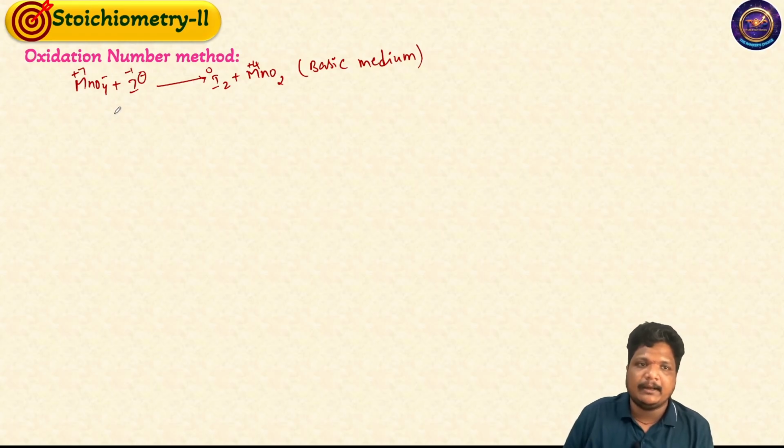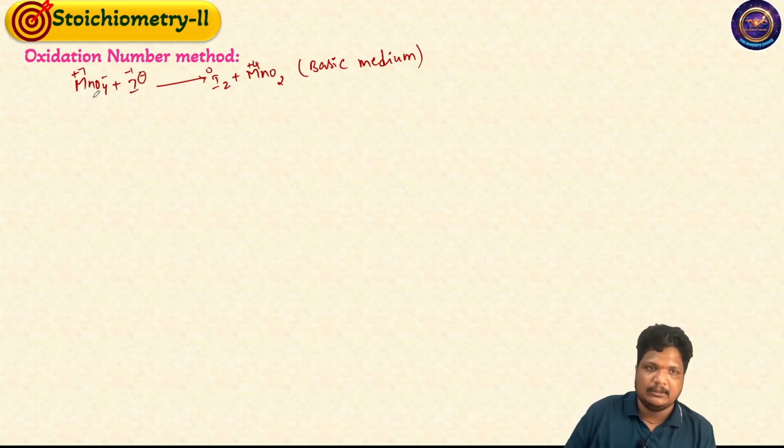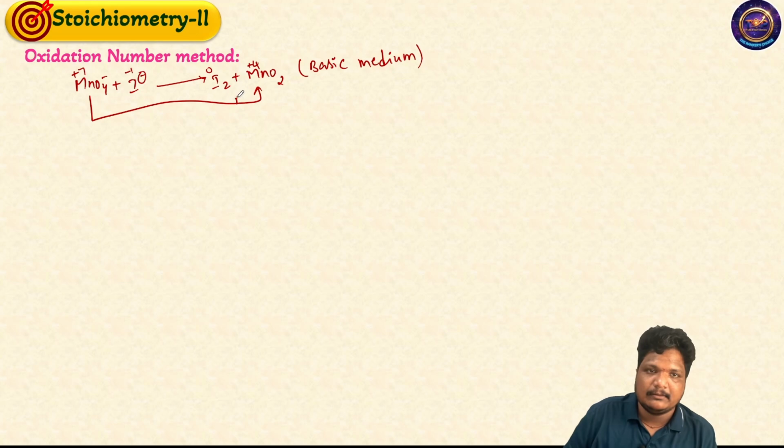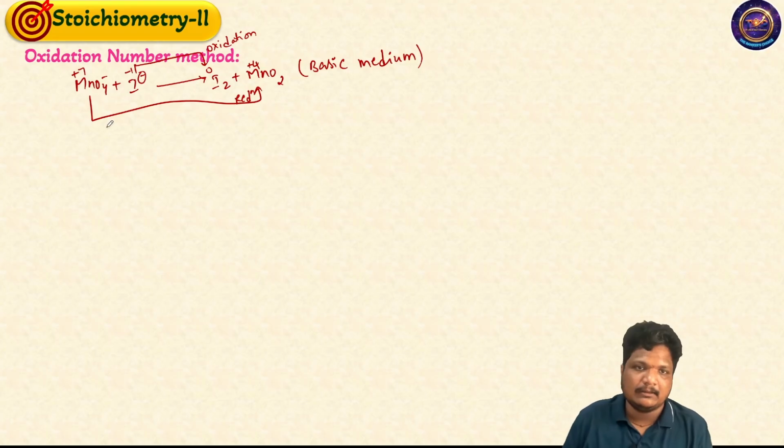So manganese undergoes reduction, and I minus undergoes oxidation. Mn plus 7 to plus 4 is reduction; I minus to 0 is oxidation. Increase in oxidation number is oxidation, decrease in oxidation number is reduction.